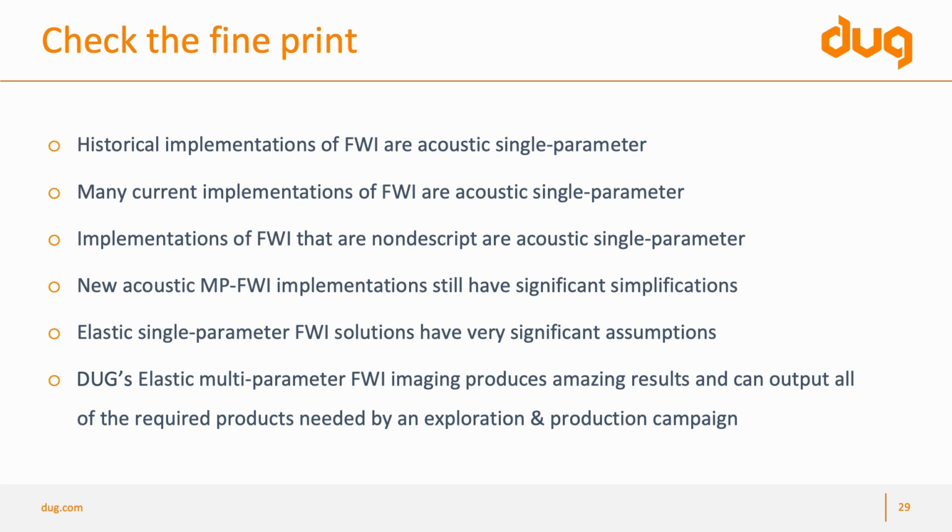New acoustic MP-FWI implementations still have significant simplifications. Elastic single parameter FWI solutions have very significant assumptions. Doug's elastic multi-parameter FWI imaging produces amazing results and can output all of the required products needed in an exploration and production campaign. You can't develop your own production-ready FWI technology overnight.